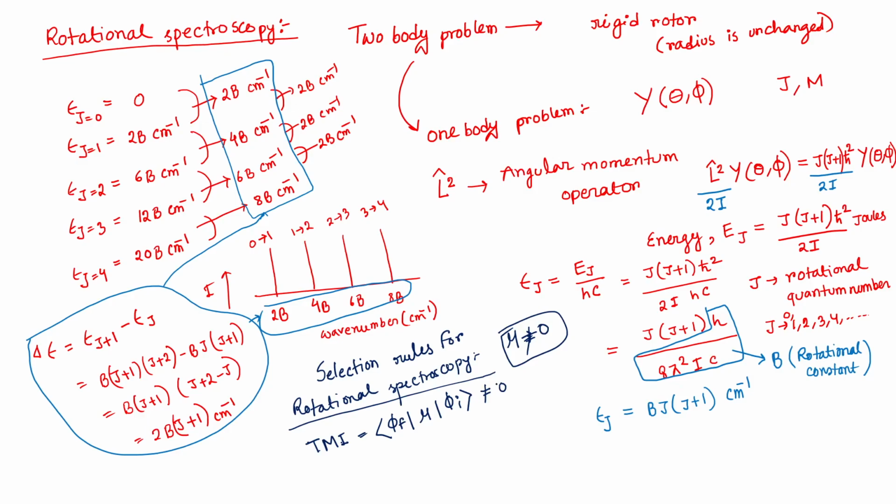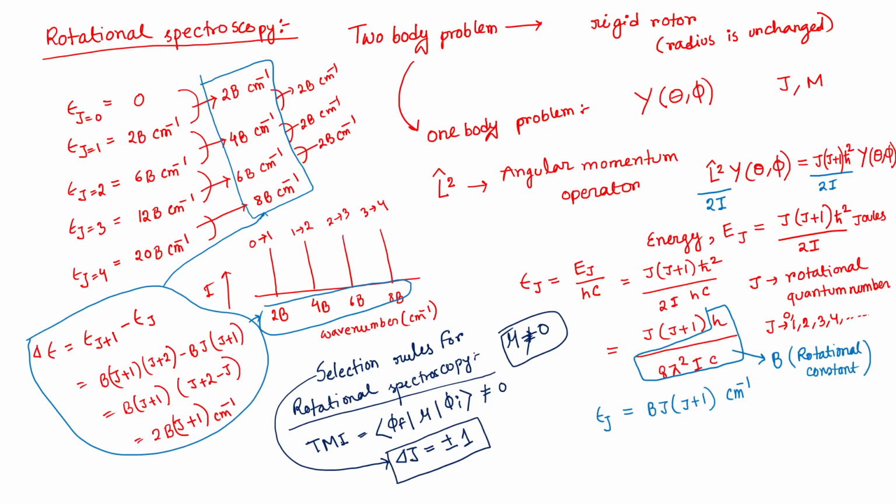This will mostly take place when your delta J is plus minus 1. So this is the selection rule. These are some of the conditions, and this is unchanged whatever direction of z or y polarization you are using.